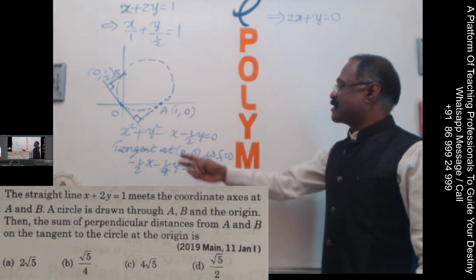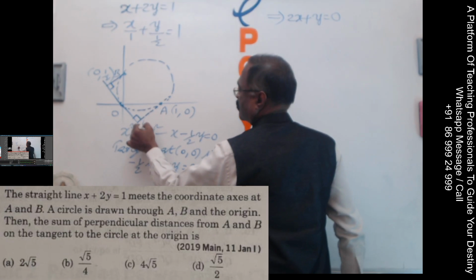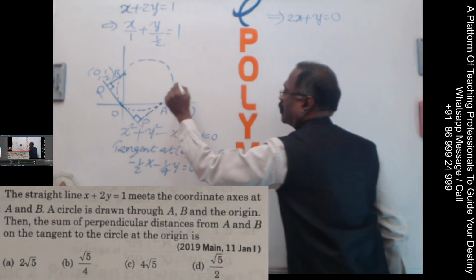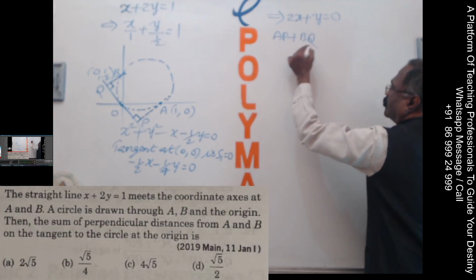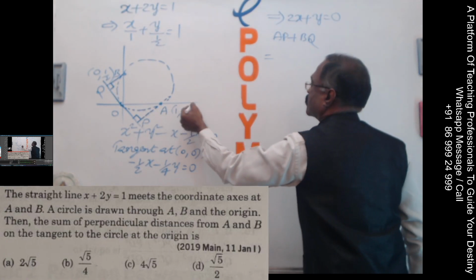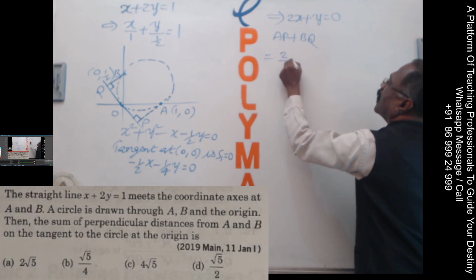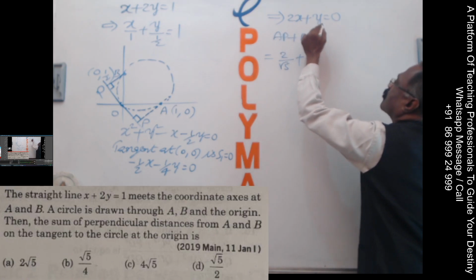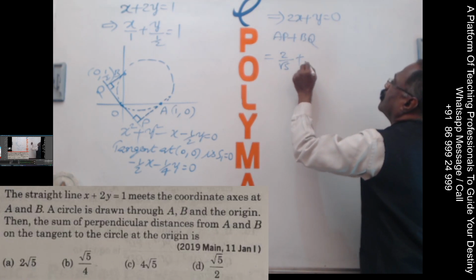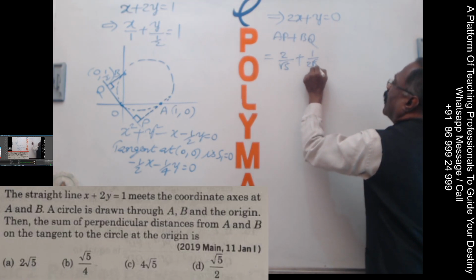Now the perpendicular distance. Let me say this is AP, let me say this is BQ. So AP plus BQ is equal to, what is AP? Perpendicular distance from (1, 0) to this one, 2 by root 5. Perpendicular distance from (0, 1 by 2) to this one, 1 by 2 root 5.